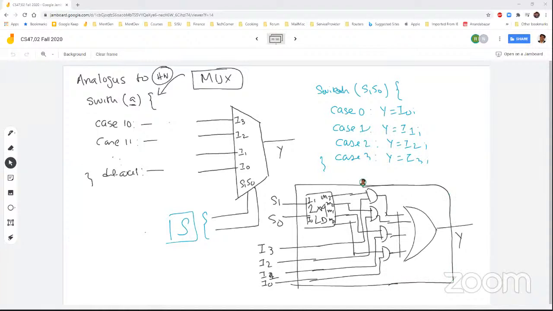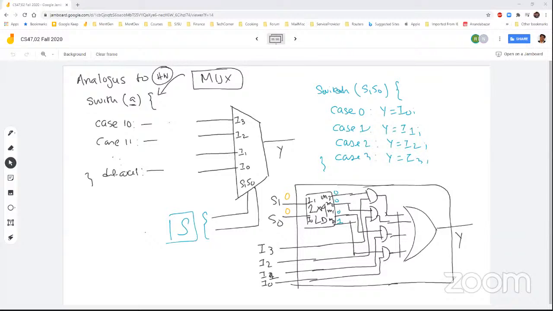Okay. So in this case, what will happen? Let's say I have 0, 0. In that case, your M0 will be 1 and the other outputs from the line decoder will be 0.